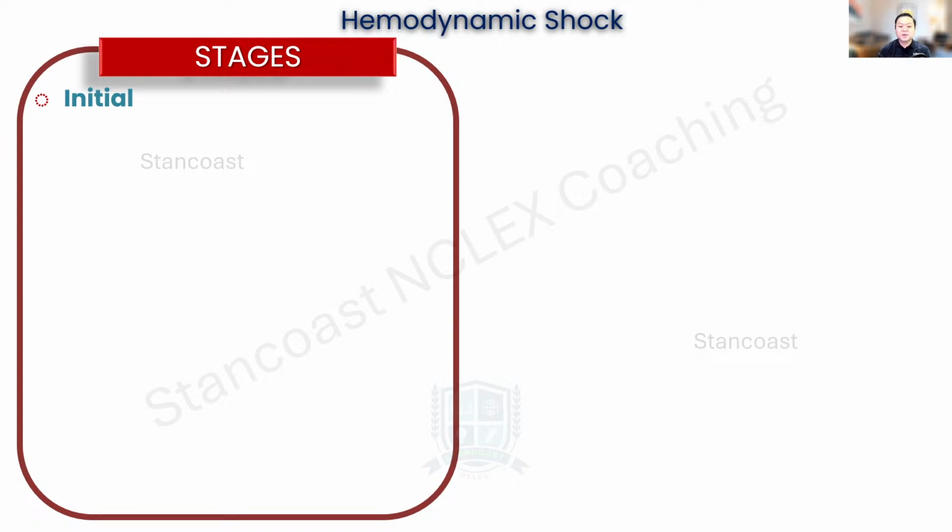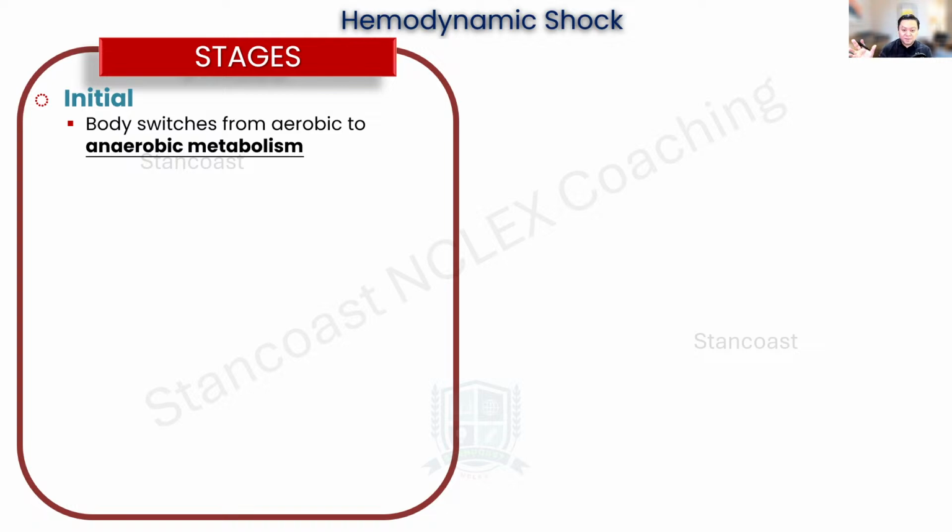Well, the body will begin to switch from using oxygen efficiently in aerobic metabolism into a less efficient anaerobic metabolism. And the reason for that is decreased oxygen delivery. Okay? Take note of that.